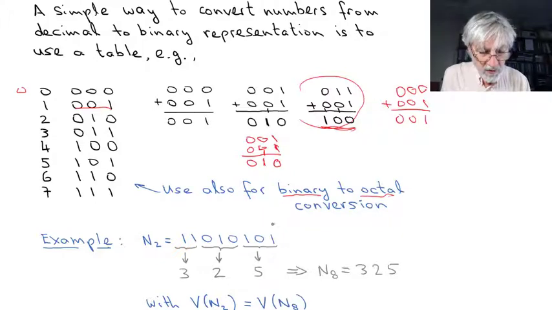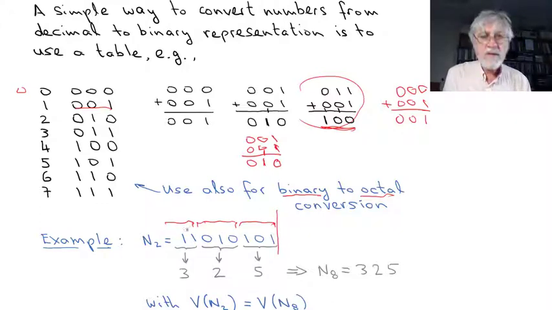We partition it into parts of 3 bits, like this. We start at the right end, and if there are not enough digits on the left, we just simply think of putting in a 0. And then we take the 1, 0, 1. So we go into the table here, that is 5. So that gives us the 5 here.